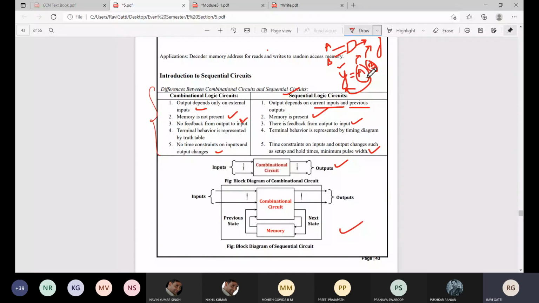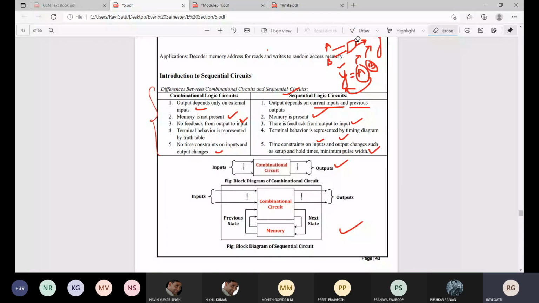In the combinational circuit, if the input signal changes, the output changes. But in the sequential circuit, along with the input signal, you have clock signals also. When the clock signal changes, only then your output will change. Therefore there is a timing constraint between the inputs and outputs in sequential circuits. So these are the differences between combinational circuits and sequential circuits.